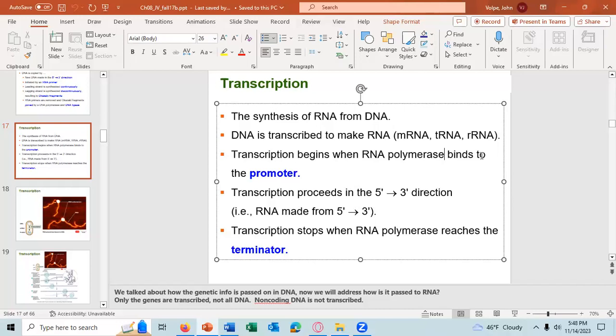There's no difference between the RNA of messenger RNA, tRNA, and rRNA other than the sequence of the nucleotides. If the gene is being coded as messenger RNA, it's only the sequence of those RNA nucleotides that determines that's a messenger RNA.